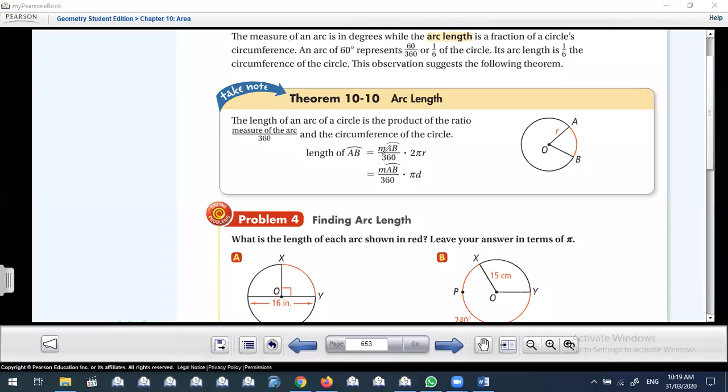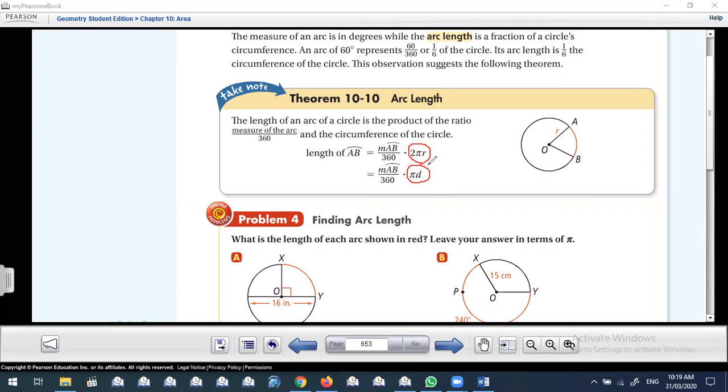Its rule is the measure of this arc over 360 times 2 pi r, the circumference of the circle. Or the measure of this arc over 360 times pi times d, no problem. D is the diameter, r is the radius.